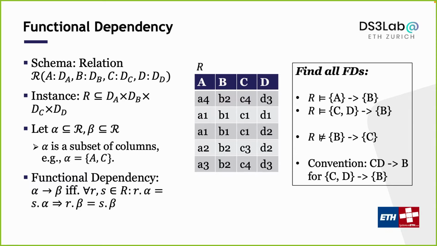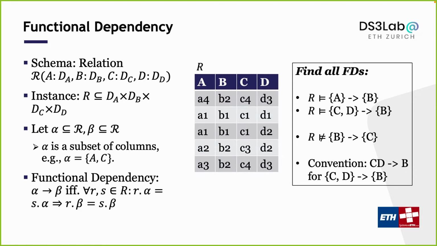If you can find such a pair, then of course A doesn't decide B, because knowing A doesn't tell you which B it is. Then you do not have this functional dependency in this relational instance. If after checking all the pairs you do not find such an example, then you can say that in this relational instance, this functional dependency holds.